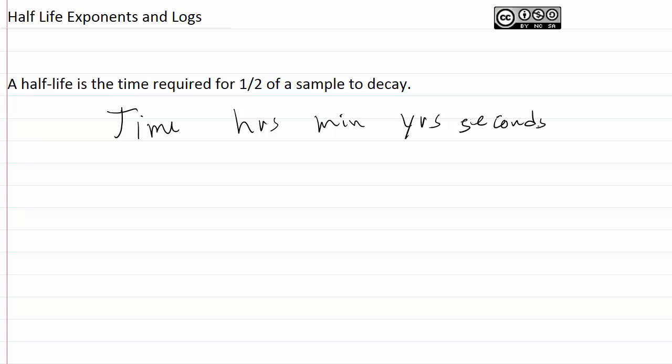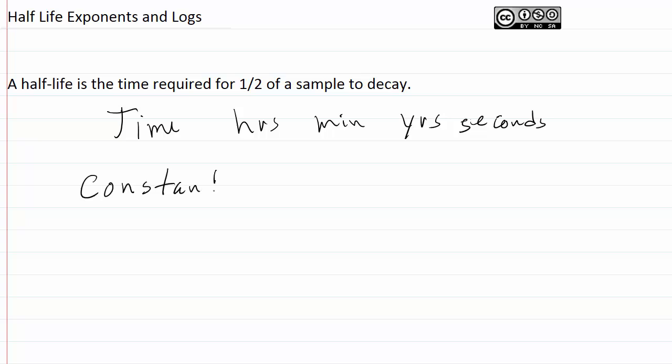Okay, some reactions are very rapid, and the half-lives are on the order of picoseconds. Some are very slow, and the half-life could be hundreds of thousands of years. One of the applications of half-life is to radioactive decay, and that's a very common one. But any operation that follows first-order kinetics will have a half-life, and half-life is constant.